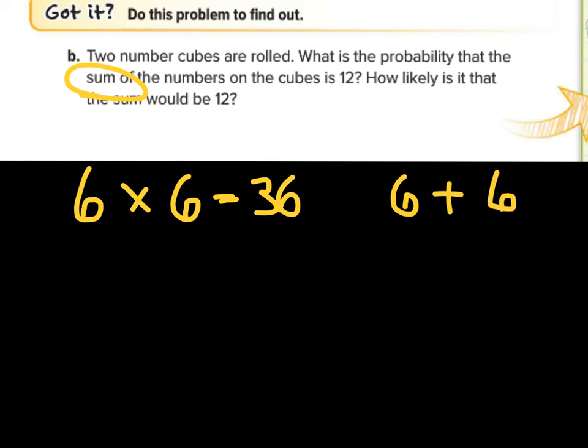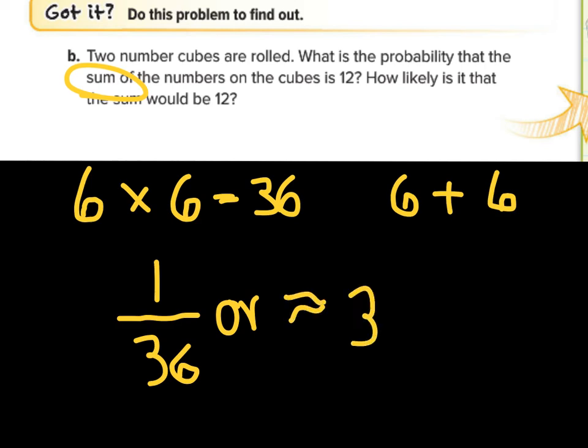That's only one of the possibilities. So there's one chance out of 36, or about 3%. I think it's about 2.7, but about a 3% chance. So it is therefore very unlikely.